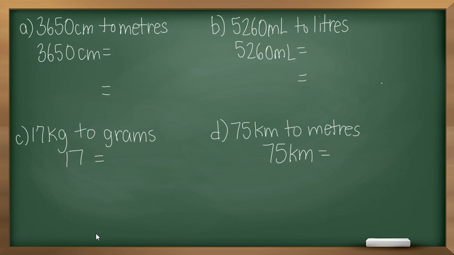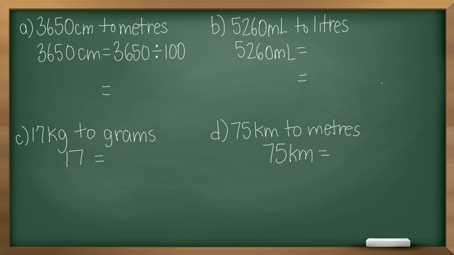So I'm going to go 3,650 centimeters divided by 100 to give me meters. When I divide by 100, one trick that I think it shows you above is that we're actually moving the decimal place to the left.